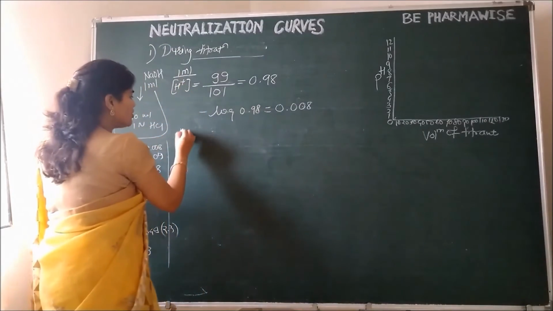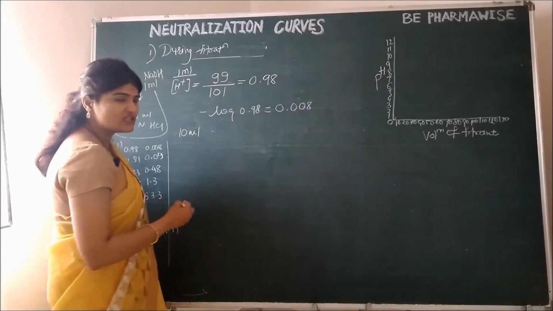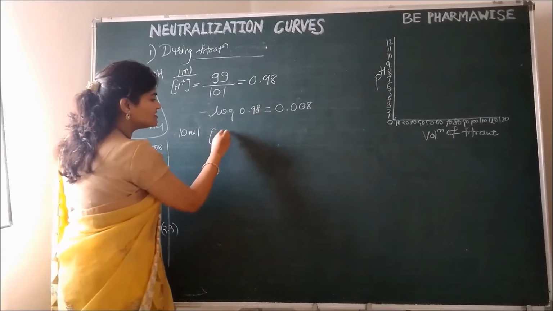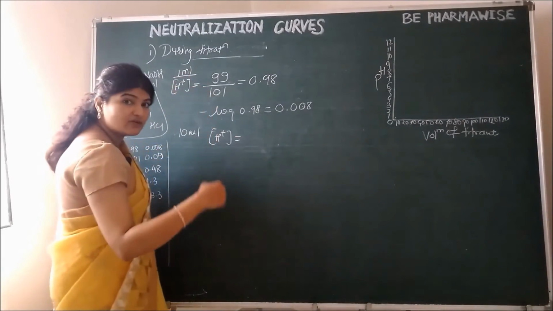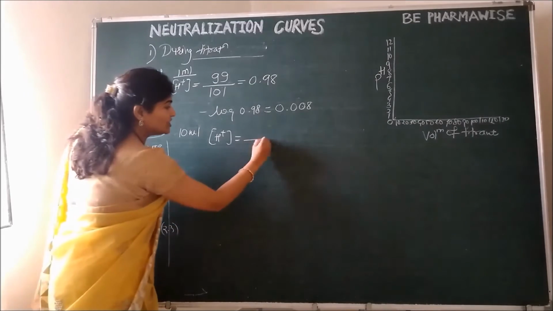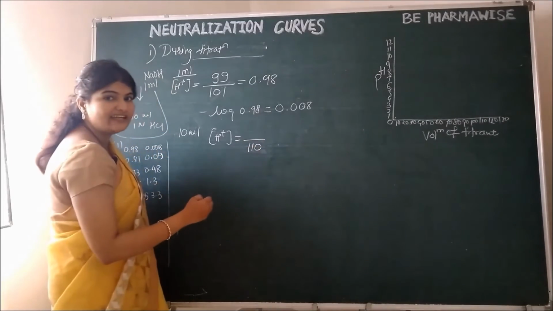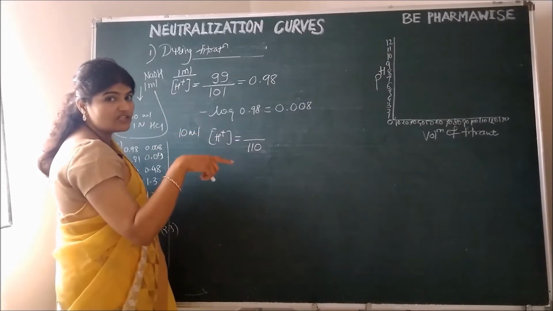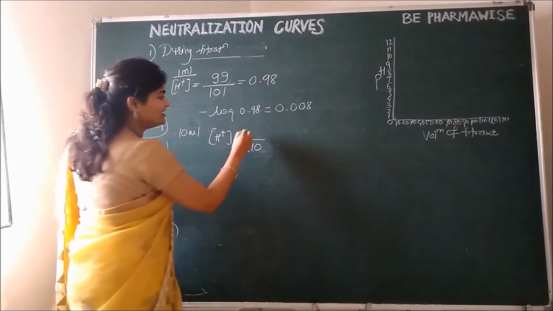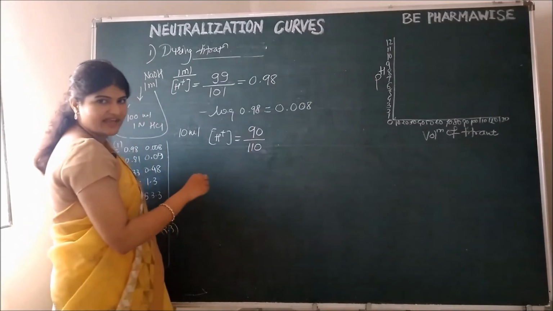So for addition of say 10 ml of NaOH, what will be the H plus ion concentration? 10 ml NaOH is added. So the total volume becomes 110 and 10 ml HCl is reacted with NaOH. So what is the acid concentration remaining? It is 90 equivalents of acid.